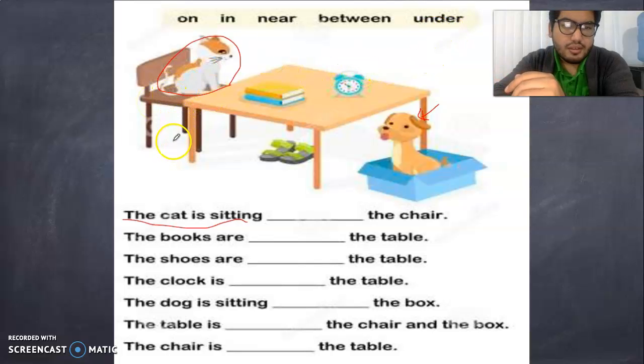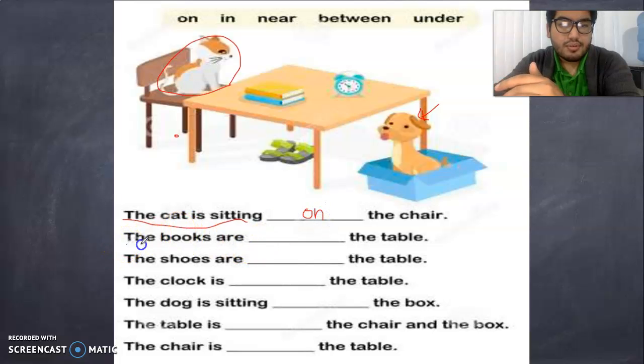Under? No, the cat is not under the chair. Near? No, the cat is close. In the chair? Do we say in? No, we cannot say in because it's not inside of the chair. The answer is on because he's sitting on the chair.